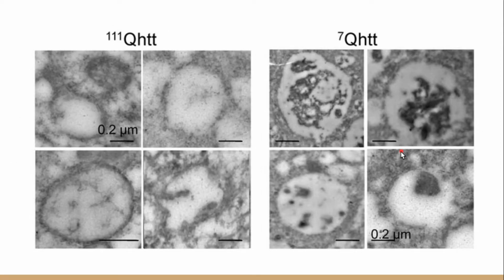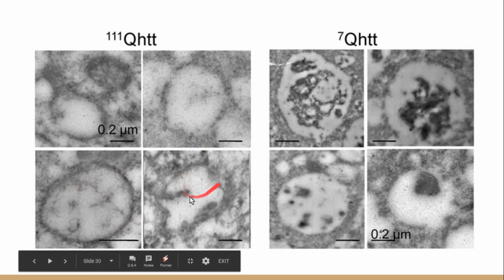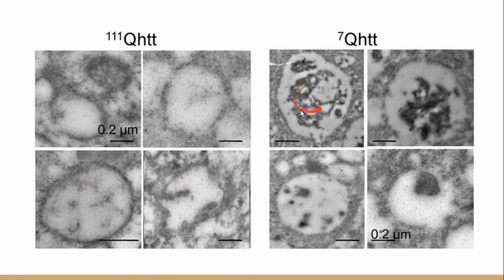And of course, this phenotype is also seen in the brain. It's not just in the liver. So Q111 mice now are on the left. The Q111 mouse model also has inexplicably empty autophagosomes. These autophagosomes look ghostly and empty and very strange compared to over here, what they look like normally.